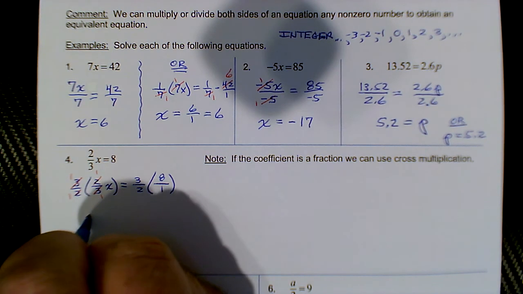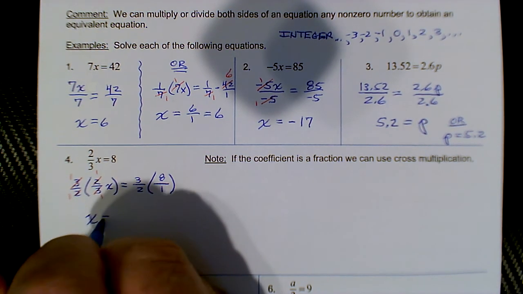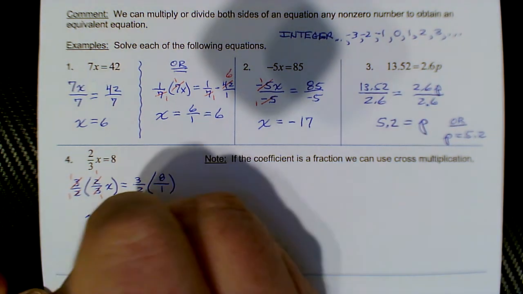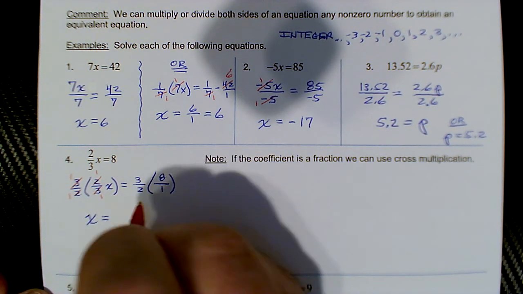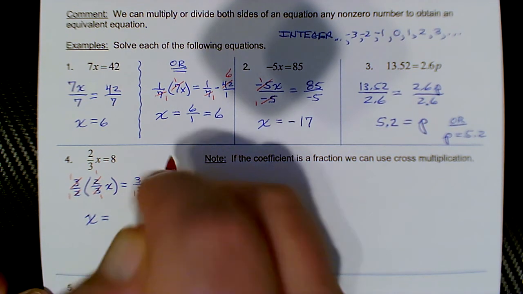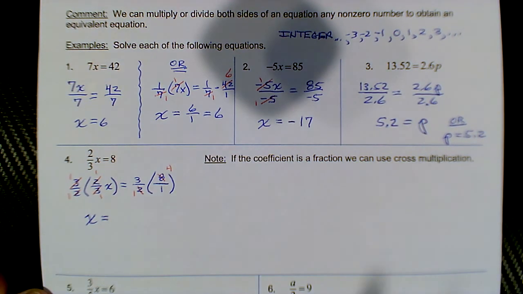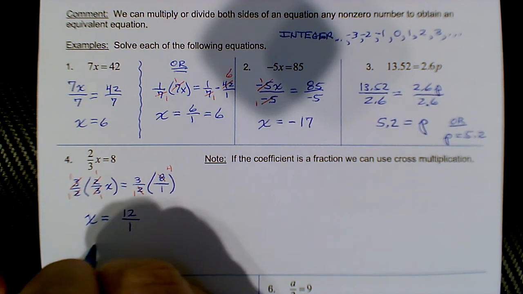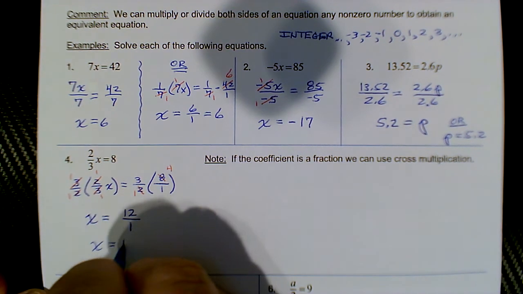So we get 1x over 1, or 1x, or just simply x. And then on the right, before we multiply, let's divide out the common factor of 2. 2 goes into 2 once, goes into 8 4 times. So then multiplying across, we get 3 times 4 is 12, 1 times 1 is 1, so x is 12.